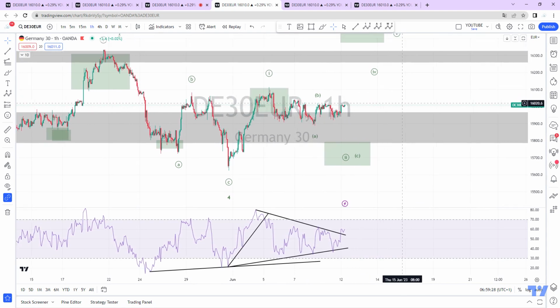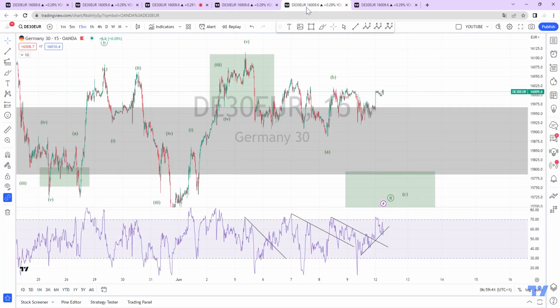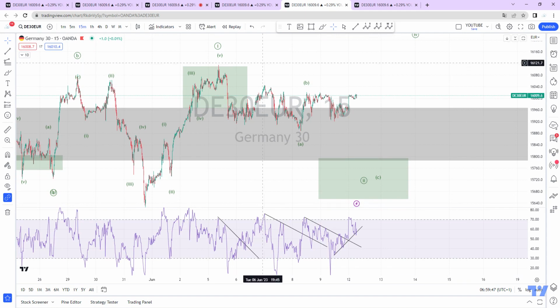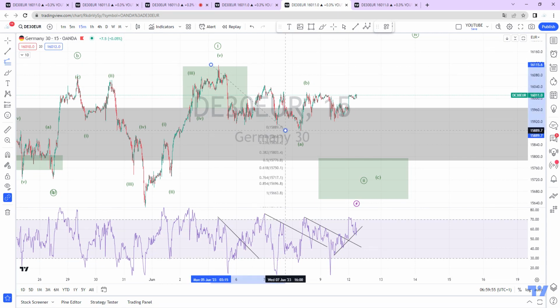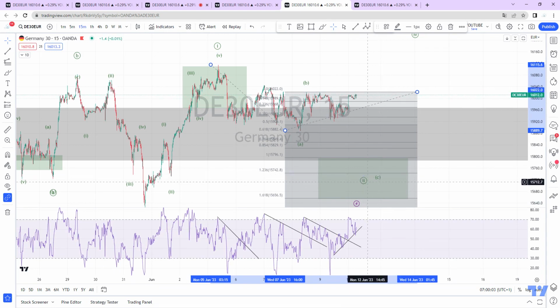The only thing I see here that we can do is wait for this area as your wave 2. This is the equal leg area from this ABC here. Maybe let's put it on the 15 minutes. So this is from your wave A, or for the moment wave B high, and then this becomes the target of our wave C if we go down.